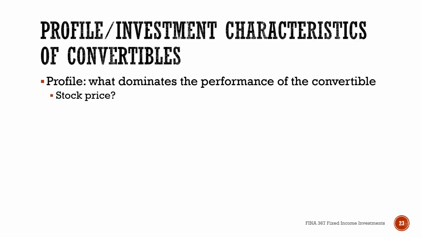Is it the stock price of the issuer, the factors related to the stock market, or is it the elements from the bond market, for example interest rates, credit spread, and so forth? In order to evaluate this kind of security accurately, we need to put them into different profiles.